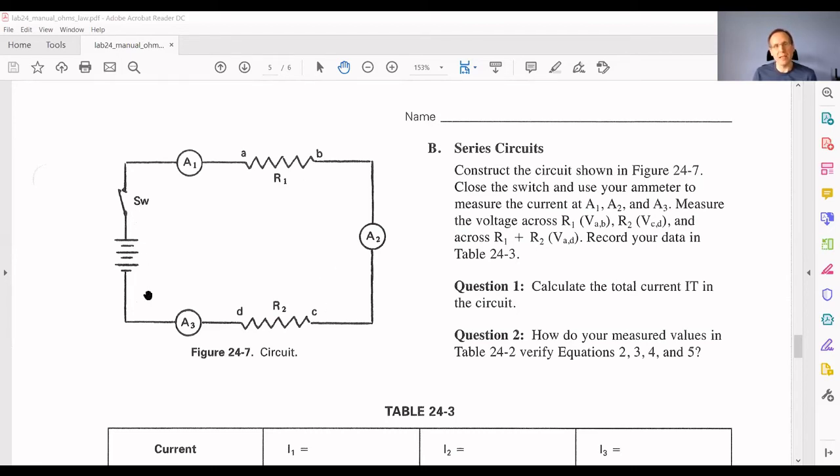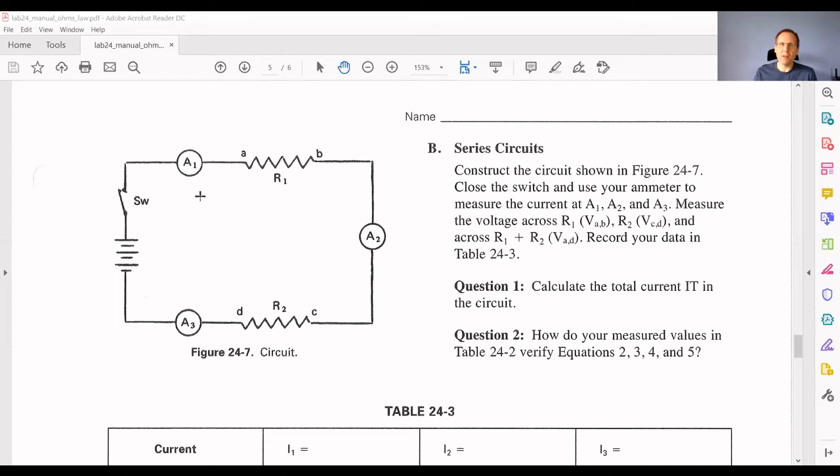The voltage across AD is the voltage across the battery. The voltage across AB is the voltage across your first resistor. And the voltage across CD is the voltage across your second resistor. Now, these A1, A2, A3 are the ammeters, and those are the locations where you want to measure the current.